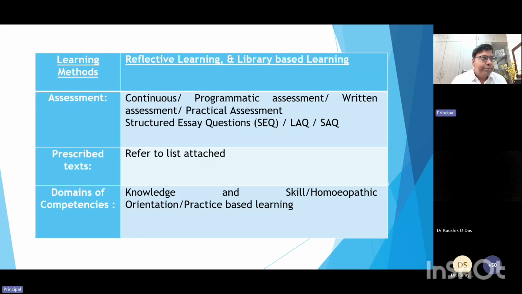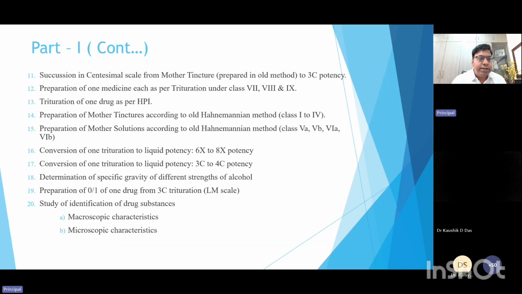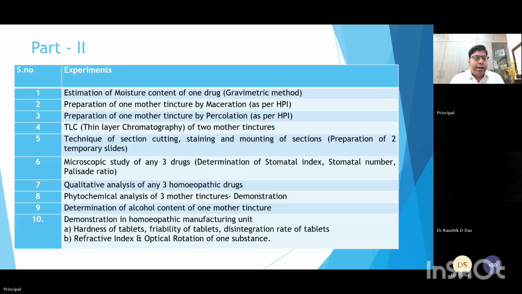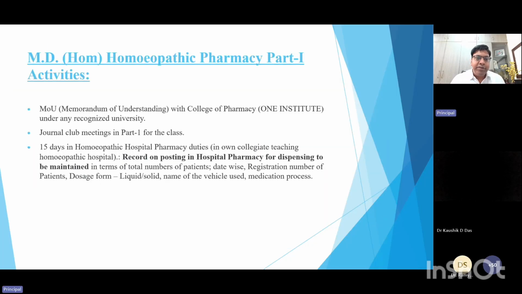Next. Practicals. These are the list of practicals to be done in part 1 and part 2. Under activities, we already know that the institute or the Department of Homeopathic Pharmacy should have an MOU with any nearby college or available institute of pharmacy.